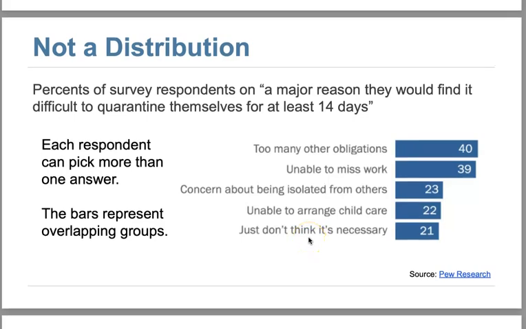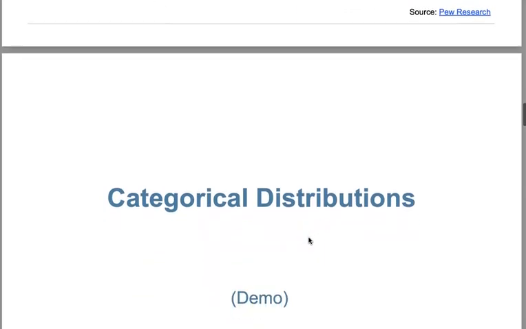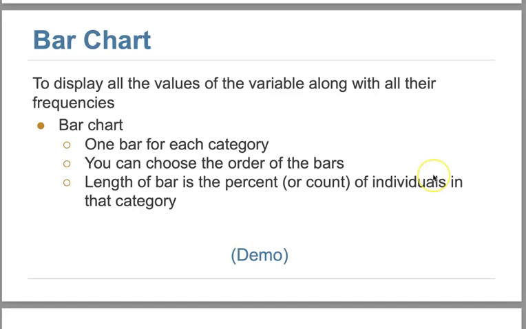After we understand distribution, since each attribute can be either categorical or numerical, we have categorical distributions and numerical distributions. The first one, let's talk about the categorical distribution example. At the end of lecture 7, we introduced the bar chart.